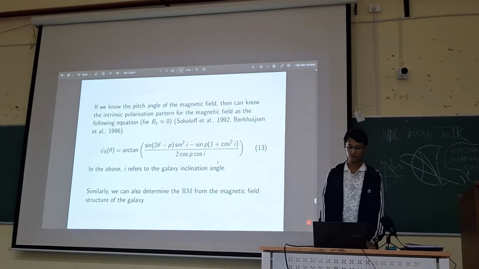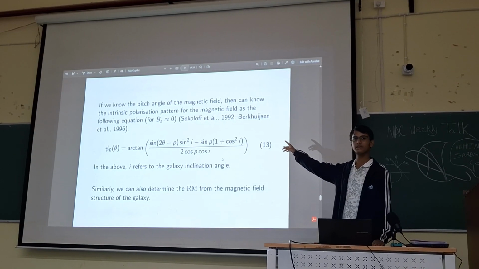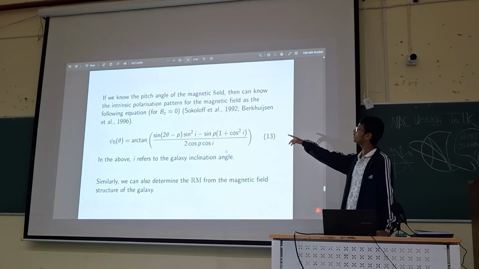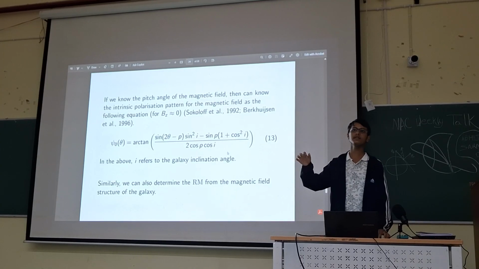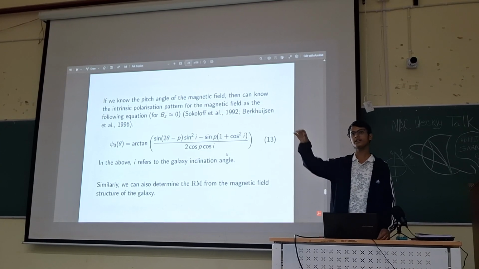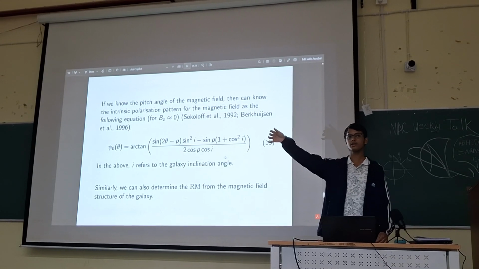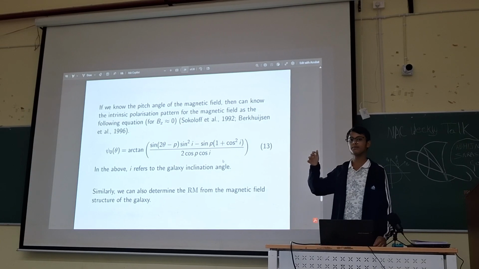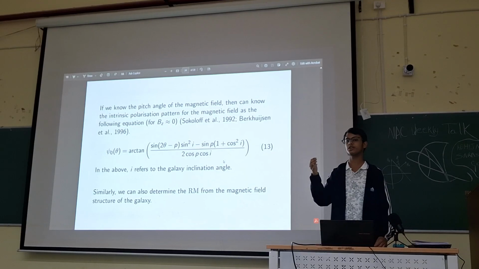So now, if we know the pitch angle of the magnetic field, then we can know the intrinsic polarization. So what is the intrinsic polarization pattern? It is basically the polarization angle that was at the source of emission. Okay. So it is not the one that we observe here, but it was before Faraday rotation or any depolarization occurs.